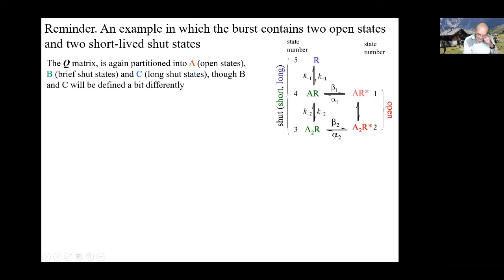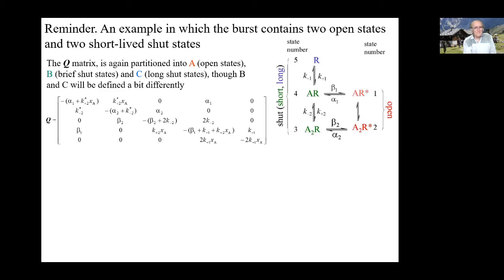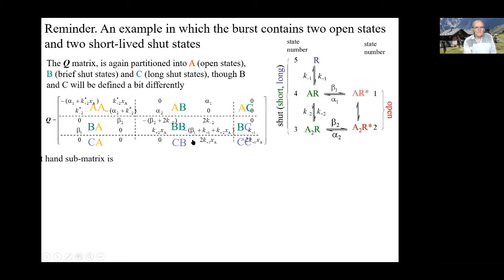Though in this case, it turns out that we need to define the B and C subsets a little differently from before. So there's the Q matrix for this mechanism, and the states are partitioned into set A, set B, and set C. We'll come to how they're defined precisely in a few minutes.